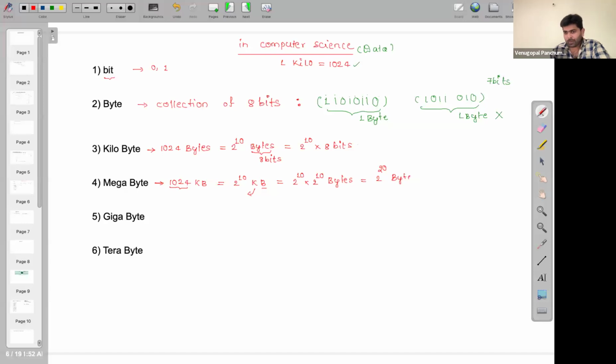Now, if I want to represent this in terms of bits, then we have 2 power 20 into 8 bits, since a byte is nothing but 8 bits. Like that. Next, 1 gigabyte is nothing but 1024 MB.